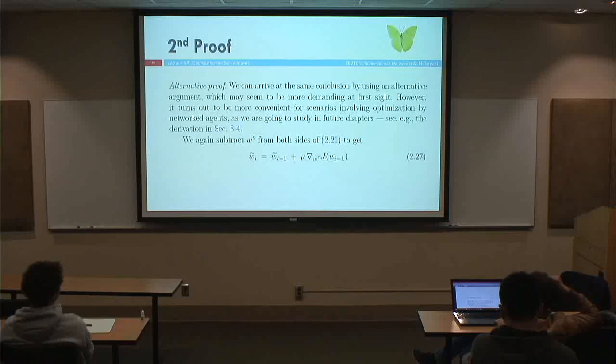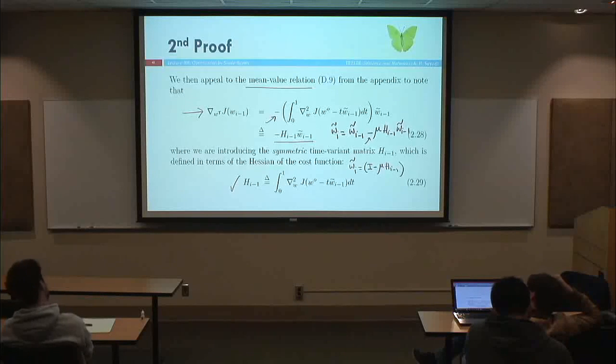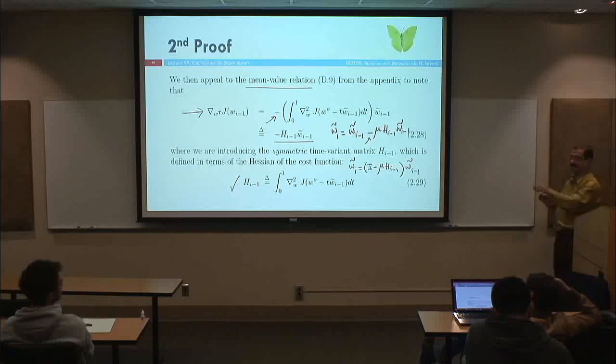Sorry, there is a plus here, but then there is a minus here, so it becomes minus here. So you can group them together, and the recursion becomes (I minus mu H_{i-1}) W tilde i minus 1. This is how the error evolves.